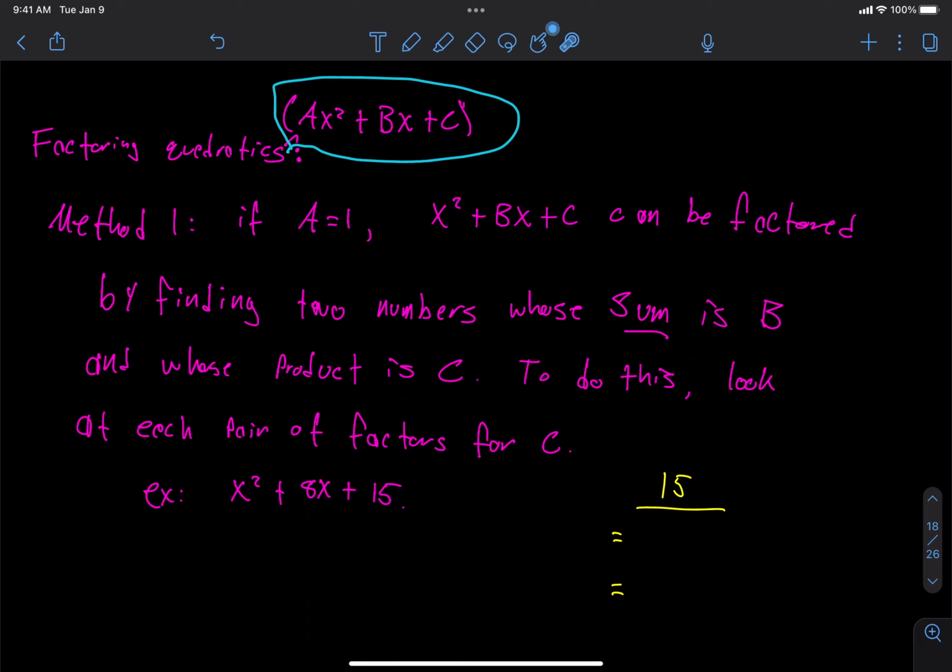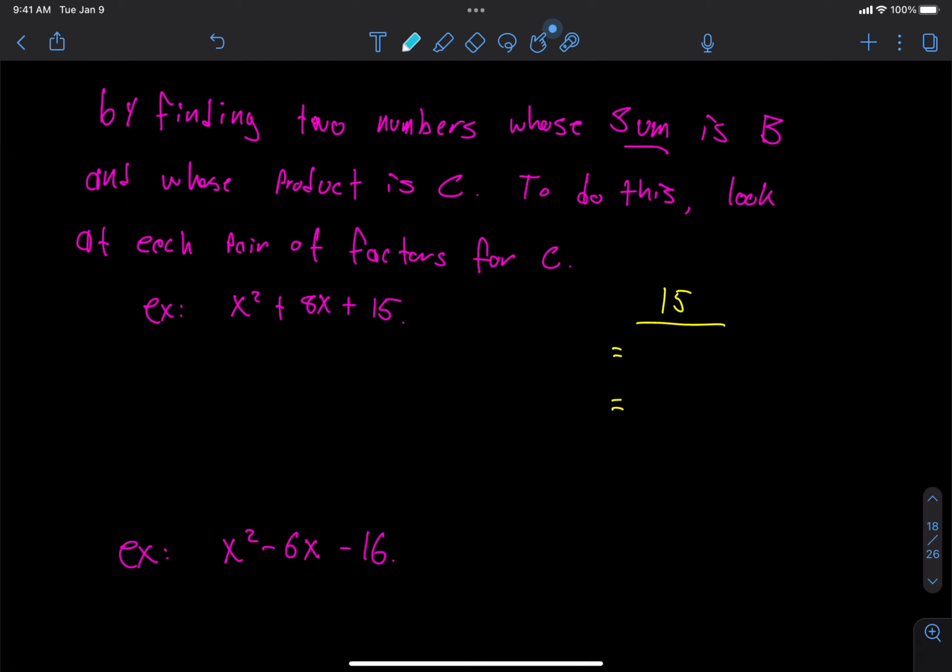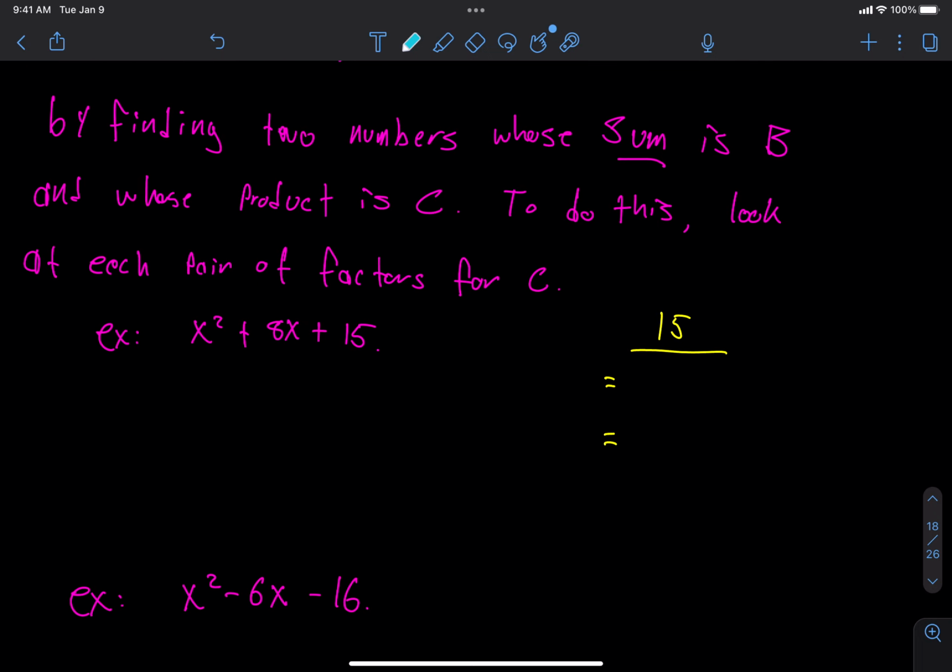So how are we going to try to do that? Well, we're going to take our c and list all of the numbers which we could multiply together to get that number. So for 15, I could multiply 15 and 1, or I could multiply 3 and 5. Those are the two different ways that I could multiply two numbers and get 15.